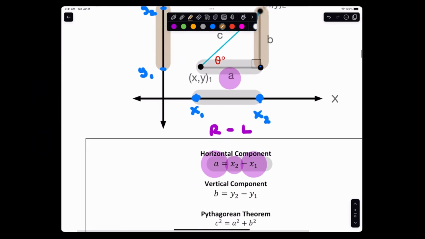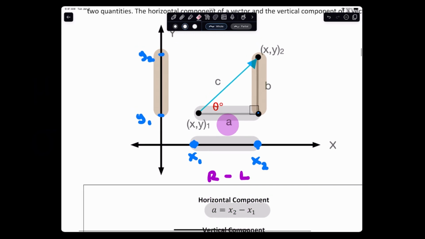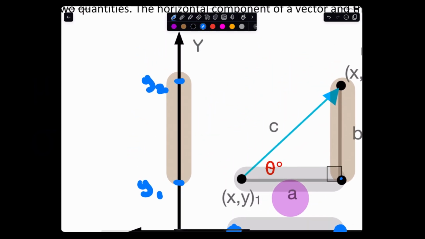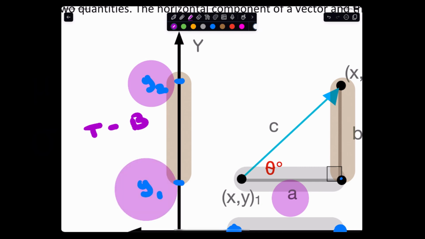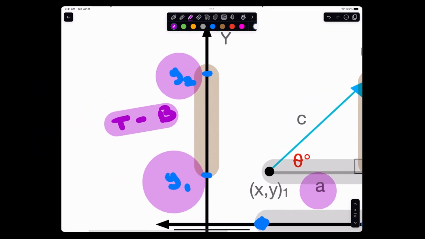Now, notice you say, I can see already it's y2 minus y1. Why? Well, similarly, if I get rid of the purple, how you can find vertical distance always will be top minus what? Bottom. So if you get the top value, y2, the bottom value, y1, we call that the vertical distance, represented by the letter B here.